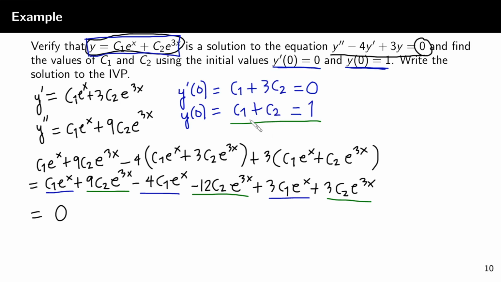So, I will get c sub 1 minus c sub 1 is 0 plus 3 c sub 2 minus c sub 2. And I get 2 c sub 2. And then 0 minus 1 is equal to negative 1. So that means c sub 2 is equal to negative 1 half.